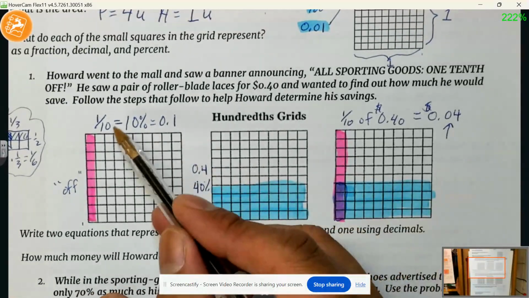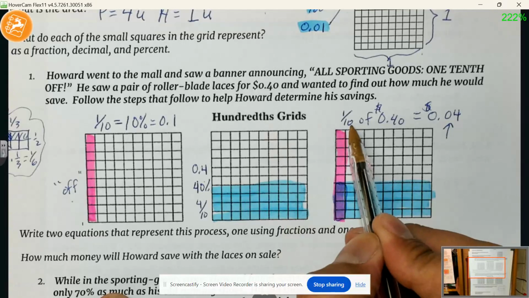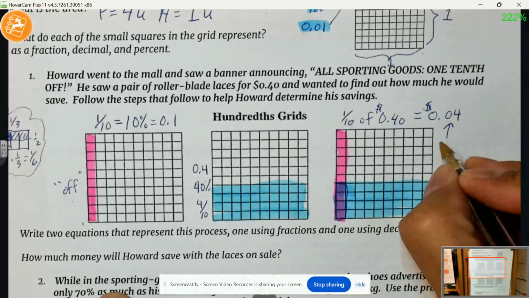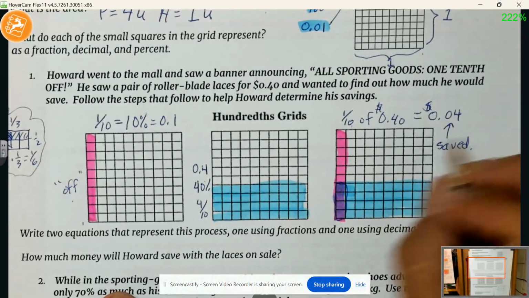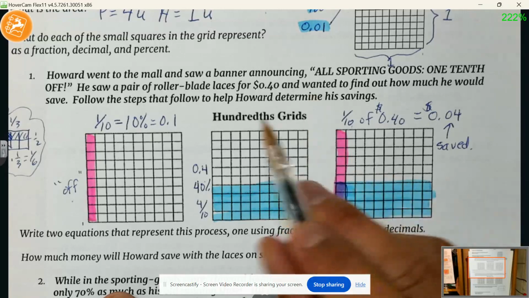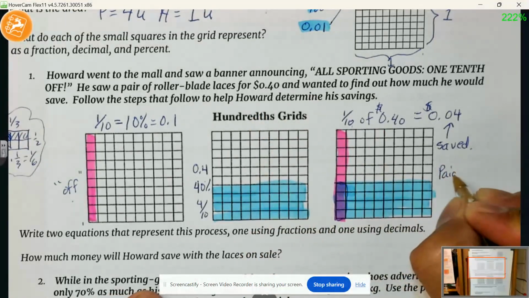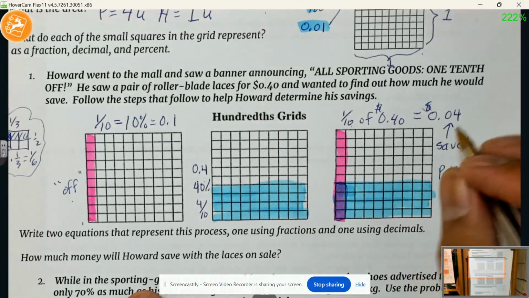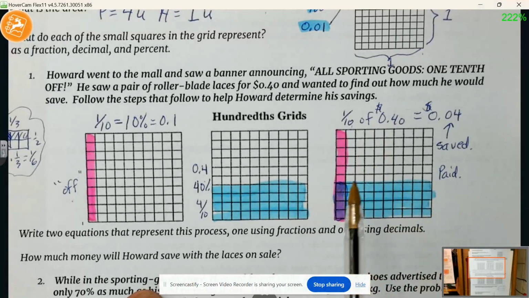Okay, and if you remember, this is 10% off. So that 10%, which is 1/10, is what he saved. Right? He saved 4 cents. So now if he saved 4 cents on these rollerblade laces, how much did he pay? And he paid the rest of that 40 cents, which is 36 cents.